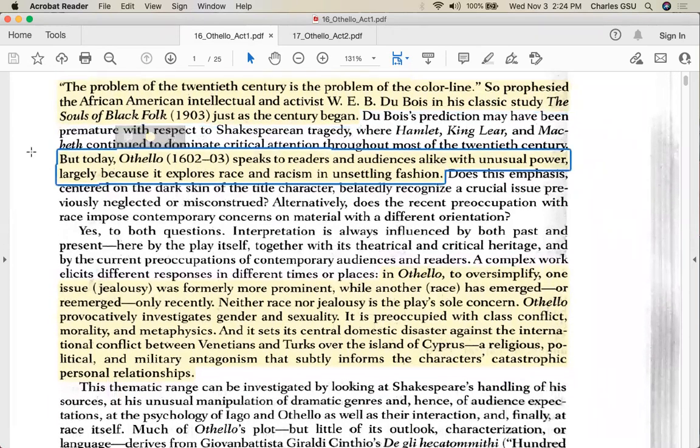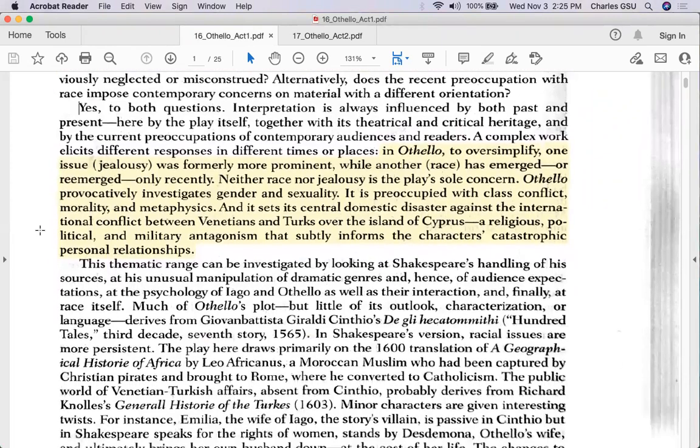But today, Cohen goes on, Othello, which was first written and printed in 1602, 1603, just after Queen Elizabeth dies, speaks to readers and audiences alike with unusual power, largely because it explores race and racism in an unsettling fashion, which we'll certainly talk about here in a moment.